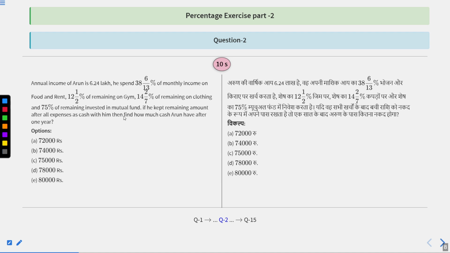If he kept the remaining amount after all expenses as cash with him, find how much cash Arun has after 1 year. You have 5 options and 10 seconds to solve this question. Your time starts now. Now time's up. We will see the solution.